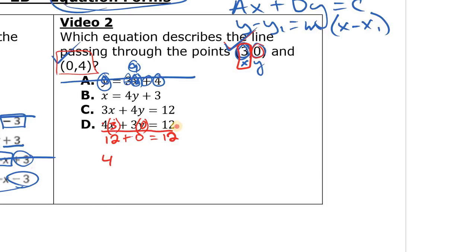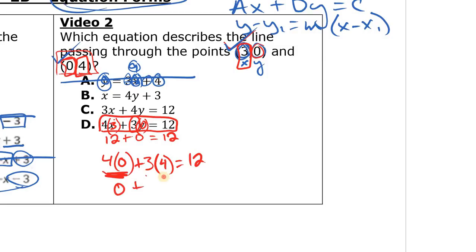I'm using this original equation, we're checking it out, so it's 4 times my x value, and the x in this case is 0, 4 times 0, plus 3 times my y value, which is 4, equals 12. What is 4 times 0? 0 plus 3 times 4 is 12, equals 12.